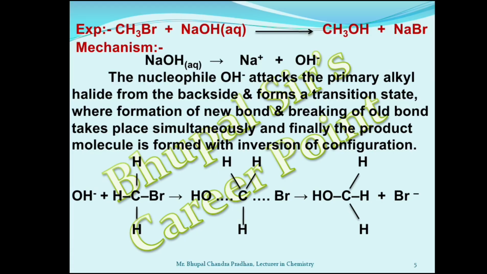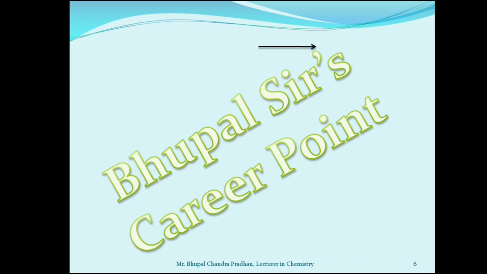Thus the rate depends upon the concentration of OH- and CH3Br, and the transition state is formed. The transition state is unstable and very quickly breaks down to give methyl alcohol with inversion of configuration. The methyl alcohol configuration is inverted, completely opposite to the methyl bromide.